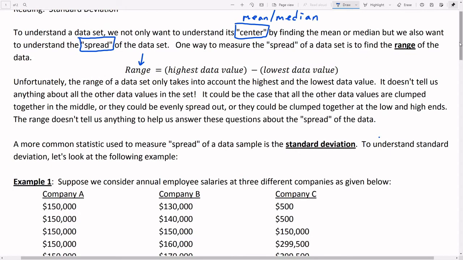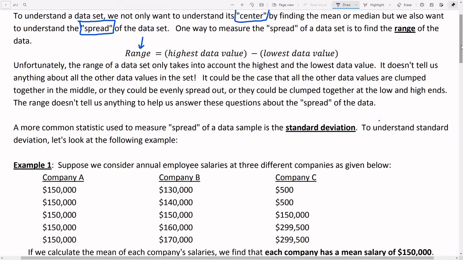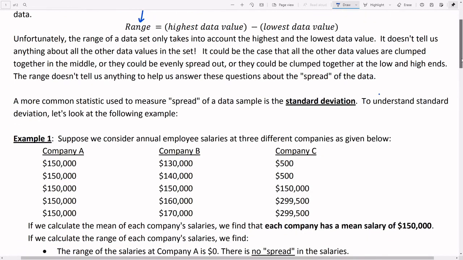Okay, so let's check out this first example here. We've got 3 companies, Company A, Company B, and Company C. They each have 5 employees with 5 salaries. So there's an important line here. Let me scroll down a little bit more so you can see it.